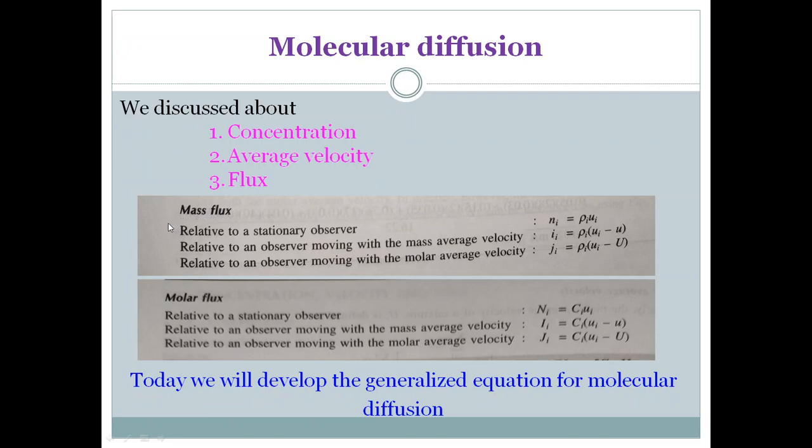Relative to the reference frame, mass flux has three categories: stationary to the observer, small ni; relative to an observer moving with the mass velocity, small ji; relative to an observer moving with the molar velocity, small ji. And for molar flux, relative to three references, there are capital Ni, capital Ii, capital Ji.